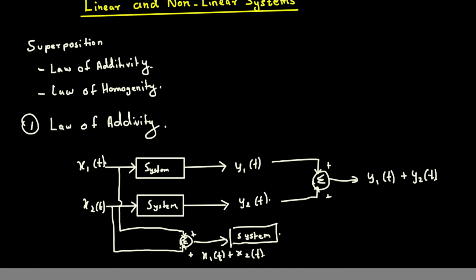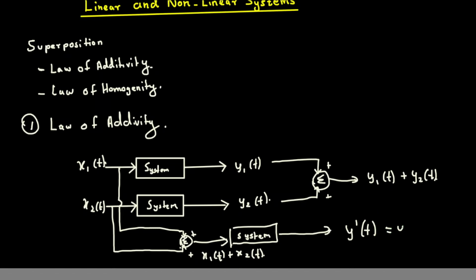Now whatever the t is, it will be replaced with whatever the function we have. We will see an example, so you will see that clearly there. But for now, let's say we feed it to the system and we derive y prime of t. This y prime of t may or may not be equal to y1 of t plus y2 of t.